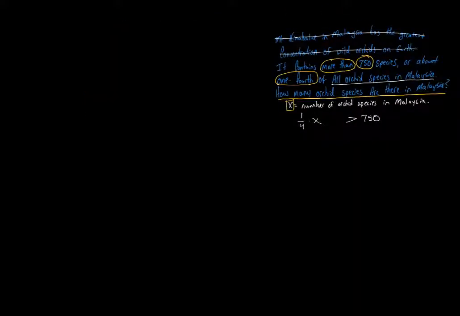So I'm going to shrink that down and move it over here so I can work with it. 1/4 times X is greater than 750. And now I have to solve. Remember that when we have a fraction, like we do here, 1/4 times X, we solve by dividing. But when it's a fraction, we, say it with me, turn it upside down, and we multiply, don't we?